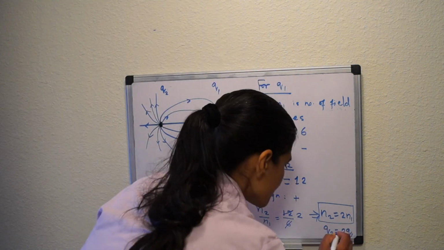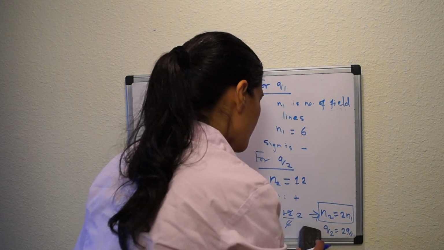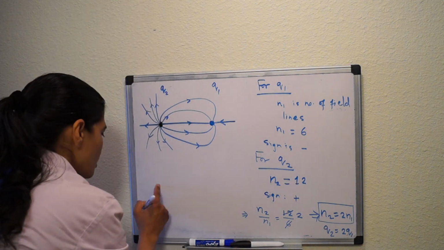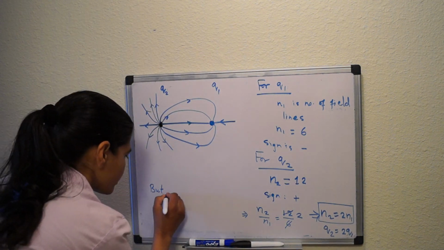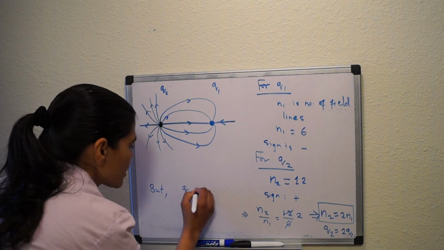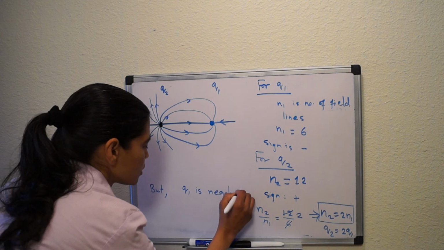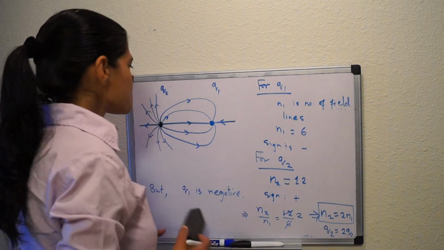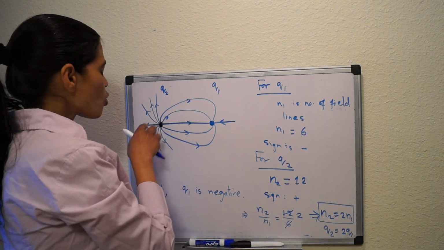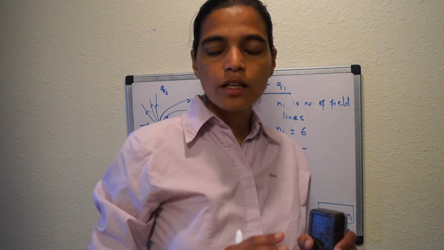This is twice that, but remember the negative sign, okay? You want to write that down somewhere, but Q1 is negative, okay? So that's it, alright? This is the way to find it. So whenever we have more field lines, it means the amount of charge there is larger.